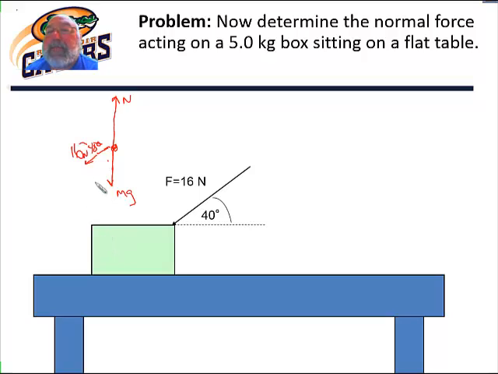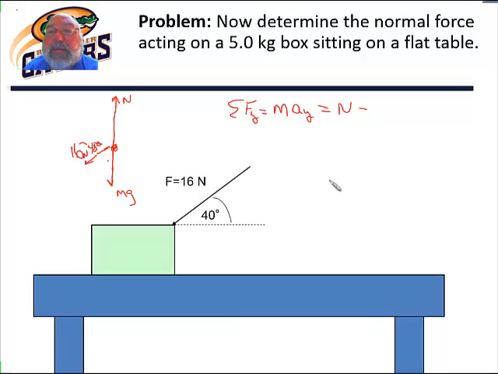Okay, now what we need to do is sum our forces acting in the y direction, because that's where the normal lies. So let's start. Sum of the forces acting in the y direction is equal to the mass of the box times the acceleration in the y direction, which is equal to the normal force.